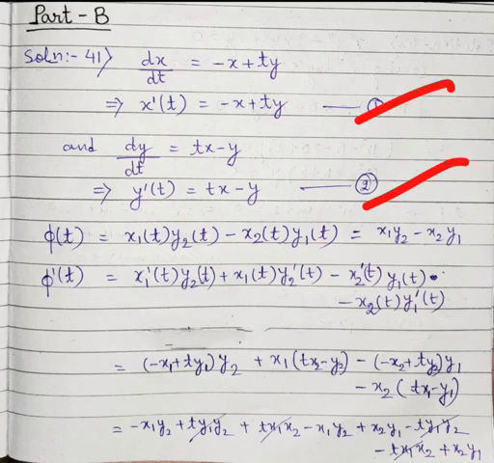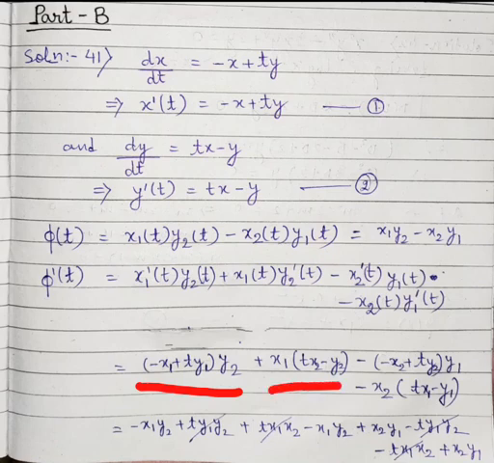On putting all the values we get (-x1 + t y1) y2 + x1 (t x2 - y2) - (-x2 + t y2) y1 - x2 (t x1 - y1). Now we will open the brackets and try to solve it.